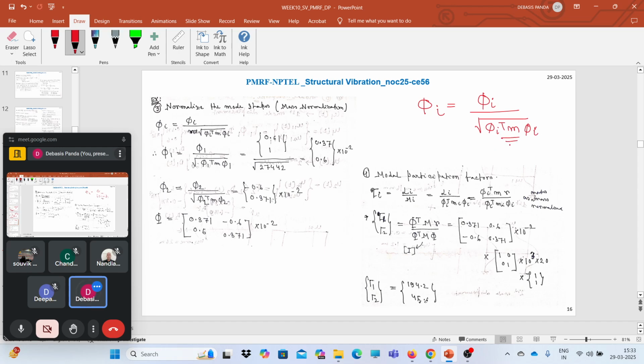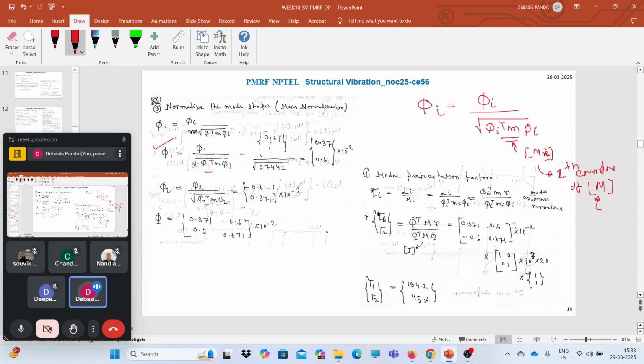That is m_i, because we are indexing at i, the ith component of your modal mass matrix M. We can easily calculate it once we have the phi information. So the normalized first mode is phi 1 divided by the square root of phi 1 transpose m phi 1.